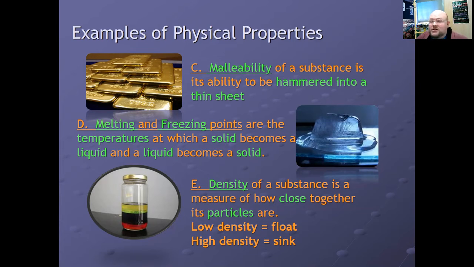So the identity did not change, meaning those are physical properties, or if they change, those are physical changes, not chemical. We also have density. This is how close together the particles of something are. Things with low densities float, things with high densities sink.